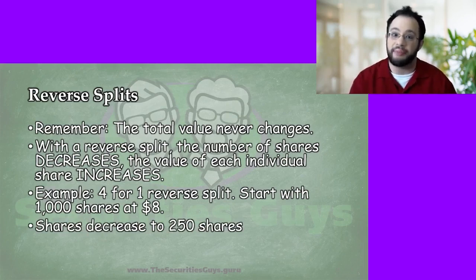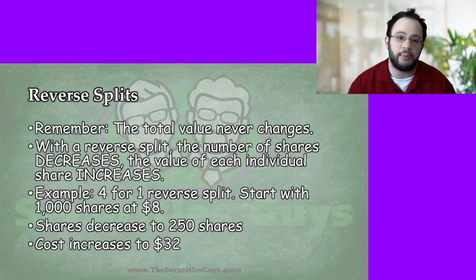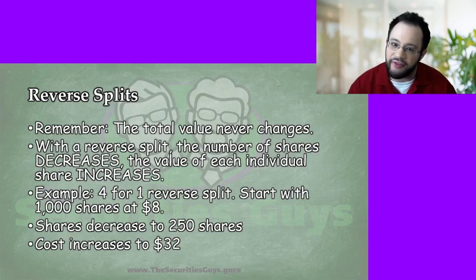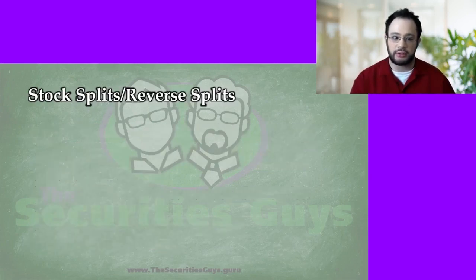We divide by 4 here, or multiply by 1/4. But that also means each share went up in 4 times the value. So the cost now per share is $32. If we do the math, we have 8,000 before and 8,000 after, the same value. The value never changes.